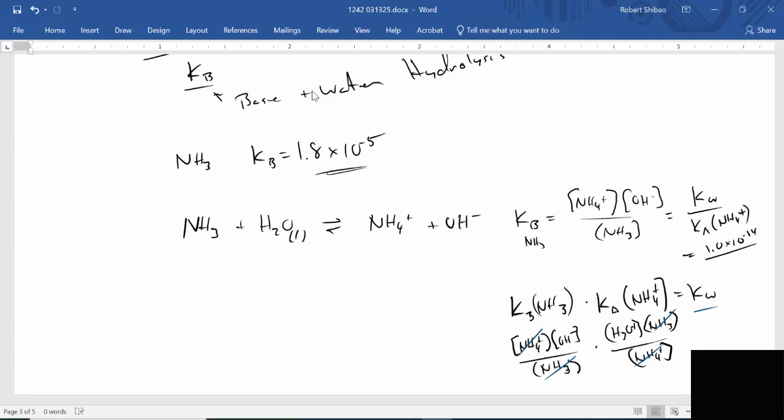What is the Ka for ammonium? Look on the chart there, and it says 5.7 times 10 to the minus 10. This should equal 1.8 times 10 to the minus 5. That's where I got the number from, because that's how we're going to calculate all the Kb values, unless it's given.